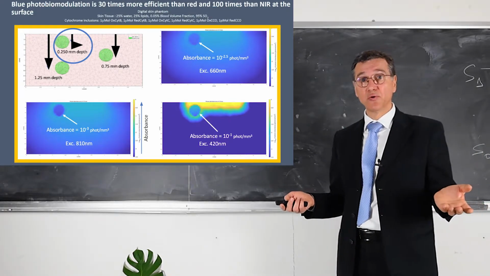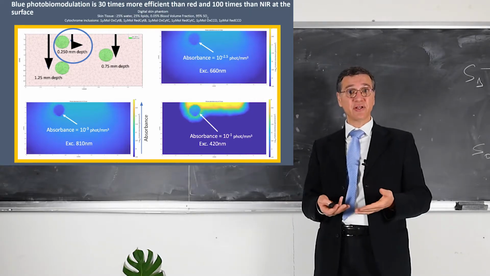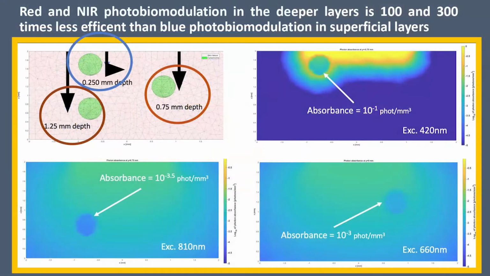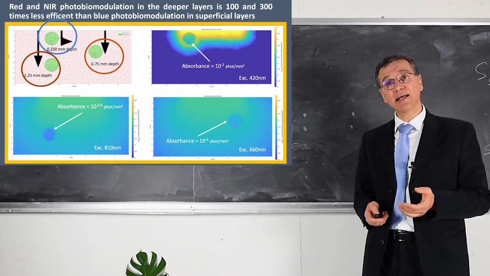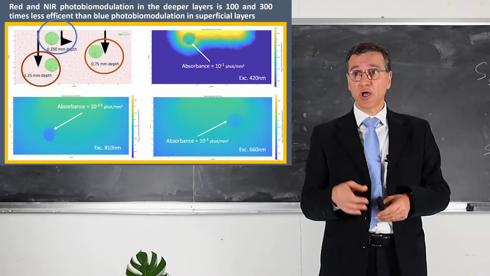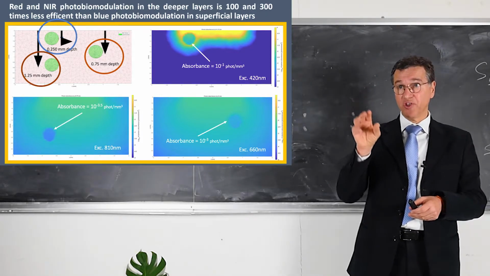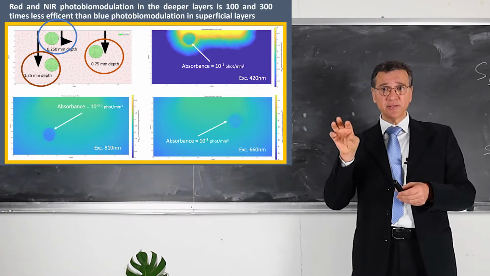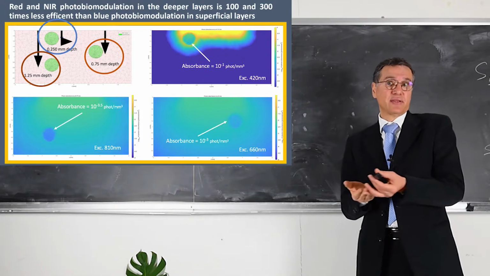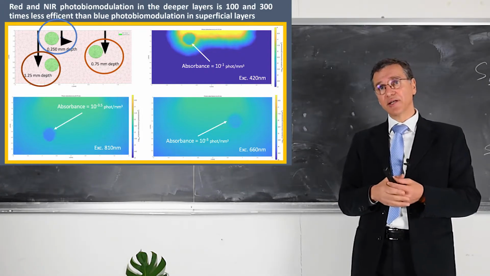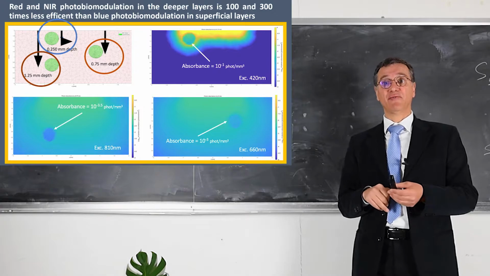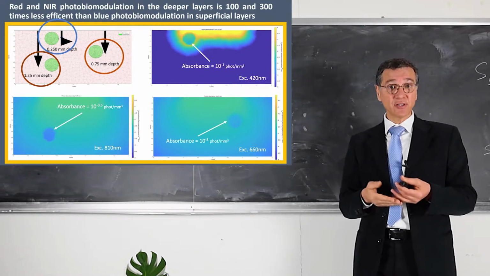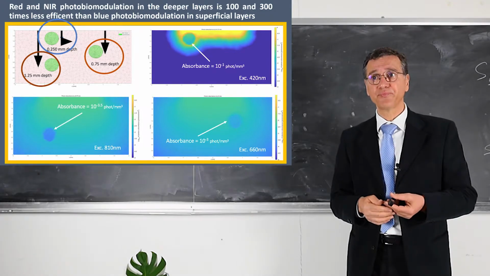Then you could say, okay, but we are interested also in going deeper. And everybody knows that red and near infrared go deeper. Correct. This is true. In fact, if I look at this second simulation, I can study the photobioactivation of the first inclusion, the superficial one, with blue, the second inclusion a little bit deeper with red because red is going deeper, and the third inclusion a little bit deeper, even more, with near infrared, because near infrared is going even deeper.